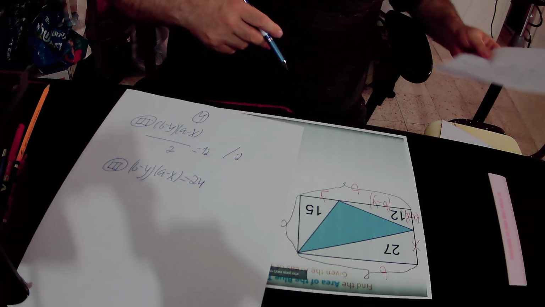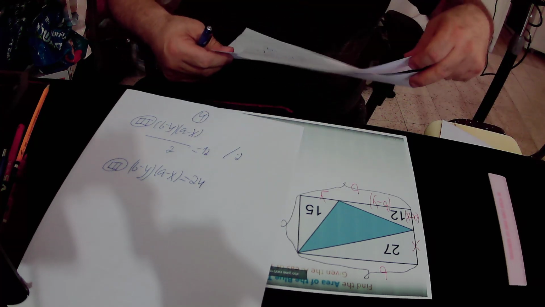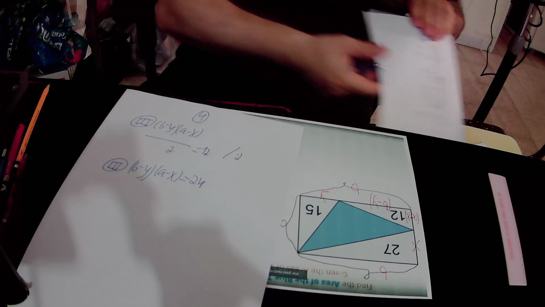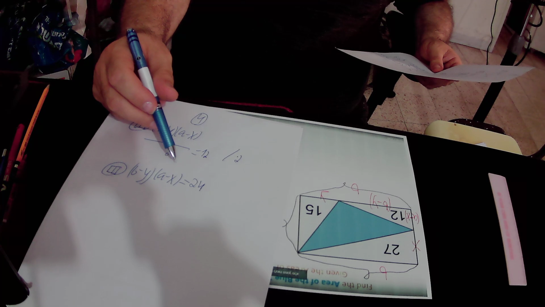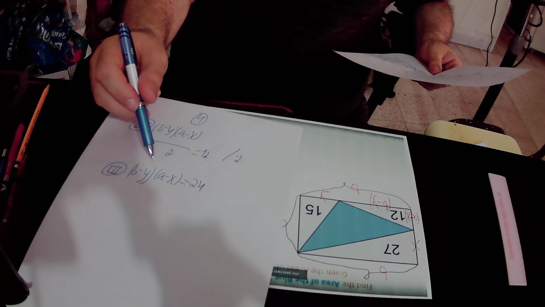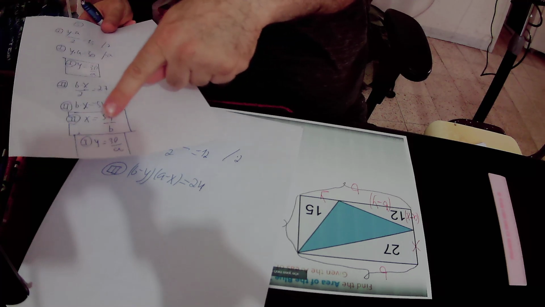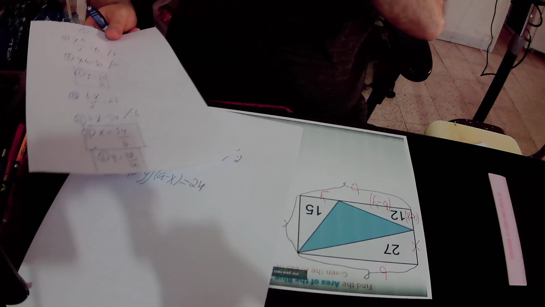In the next step, as I've already told you, we will substitute x by 54 over b and y by 30 over a. They are equal to each other, so we can do this.